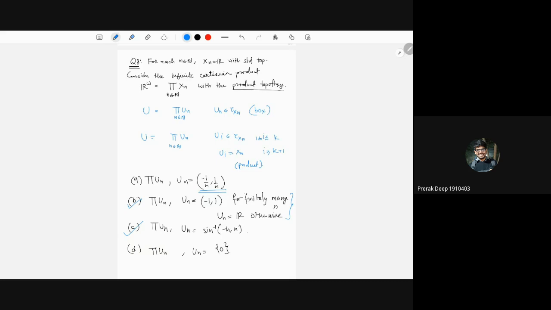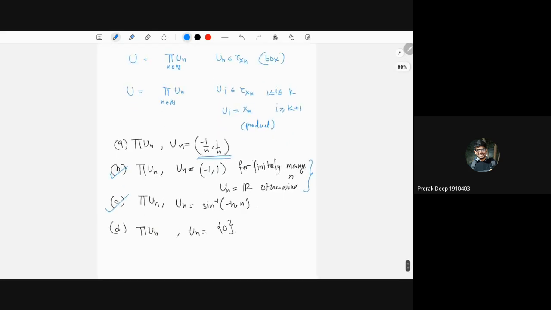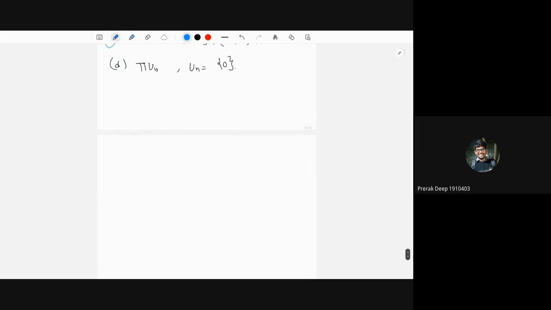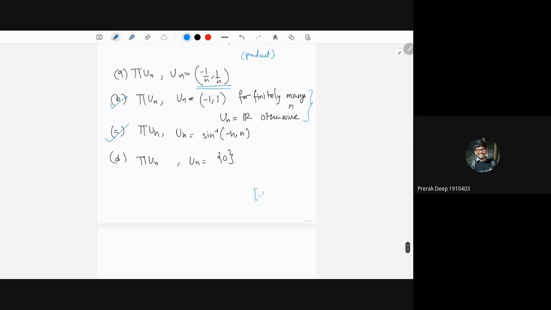Now coming back to C. C says that it's the pre-image of the open interval minus n to n. The codomain of the sine function is just minus one to one. It's not the open interval, it's the closed interval minus one to one, because sine attains one and minus one at pi by two and minus pi by two.